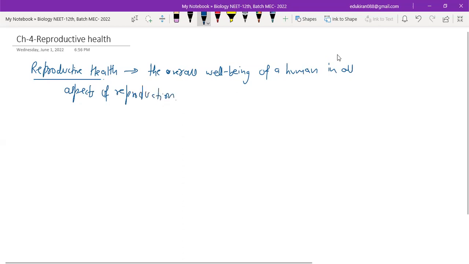Write down it includes physical, right? So this is related to the organs and the organ system.